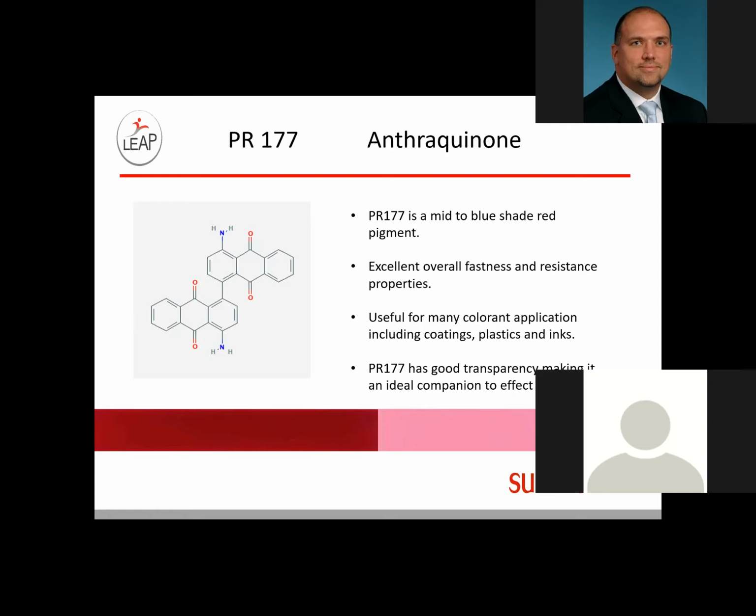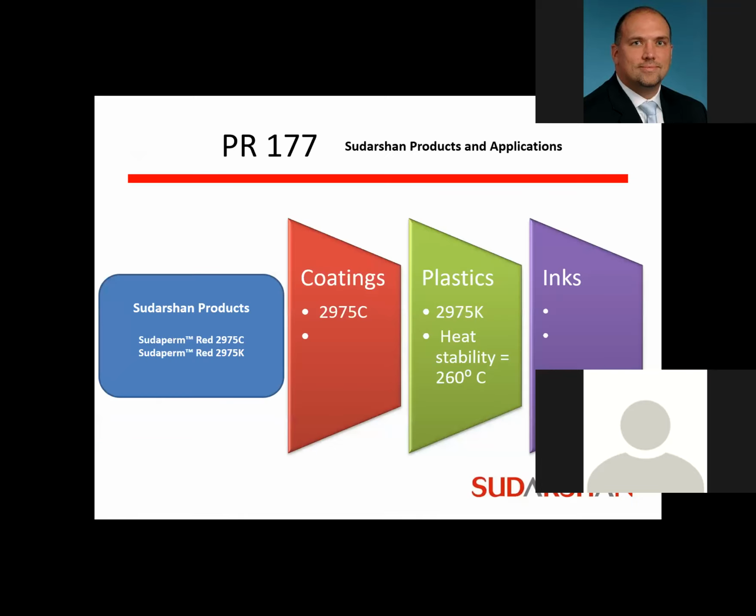in your colored formulation. For Pseudoshan, we have a couple of products, one that we've created for the coatings area and one created for the plastics area. You'll notice the heat stability is set at 260 degrees C, so it will behave well for a majority of the plastic polymers in use in this area.